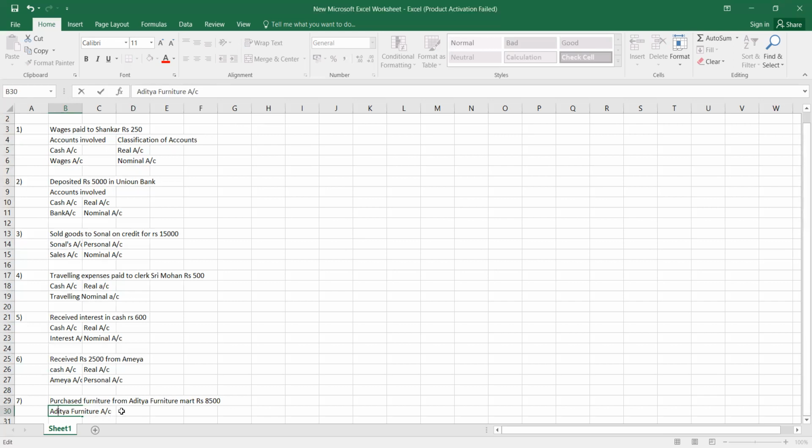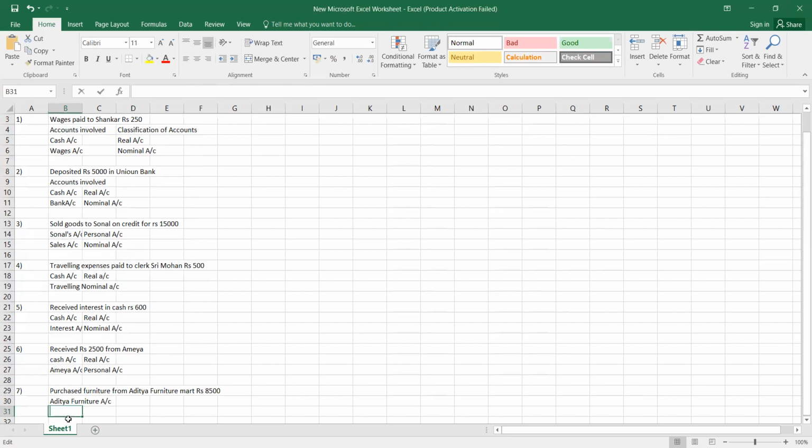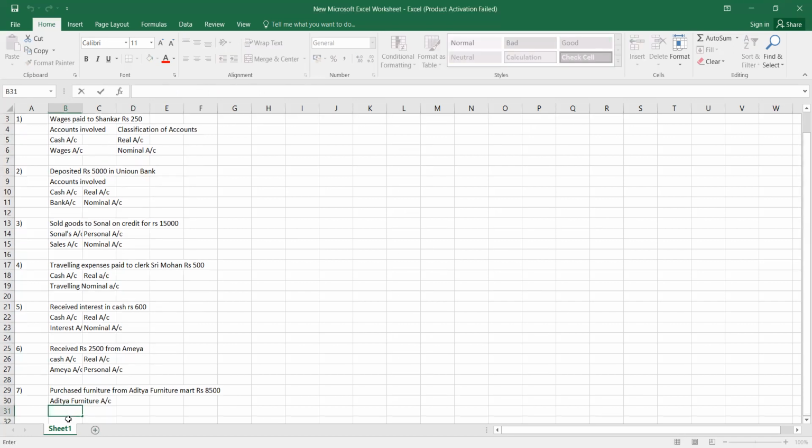So Aditya Furniture account is one account, and the next account impacted is your furniture account, because if you say purchased goods, then it will be purchases, but you have not purchased goods, you have purchased furniture for the business. So this will be furniture account.